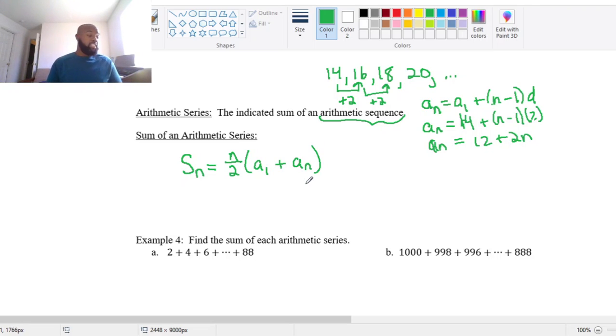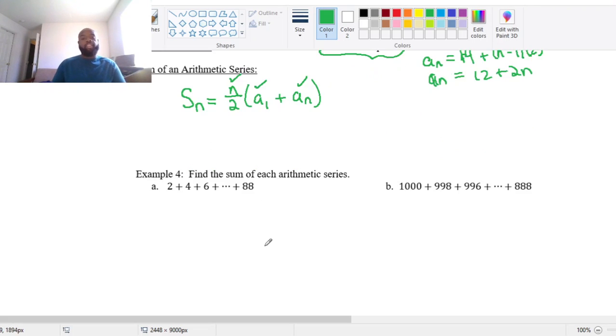All right, this is the formula that we use for our arithmetic series, right? And so your arithmetic series are your sums of arithmetic sequences. If I know the number of terms in that sequence, the first term and the last term, all I got to do is place those numbers into this formula, and it'll give me the sum of those n terms of your arithmetic sequence or series.